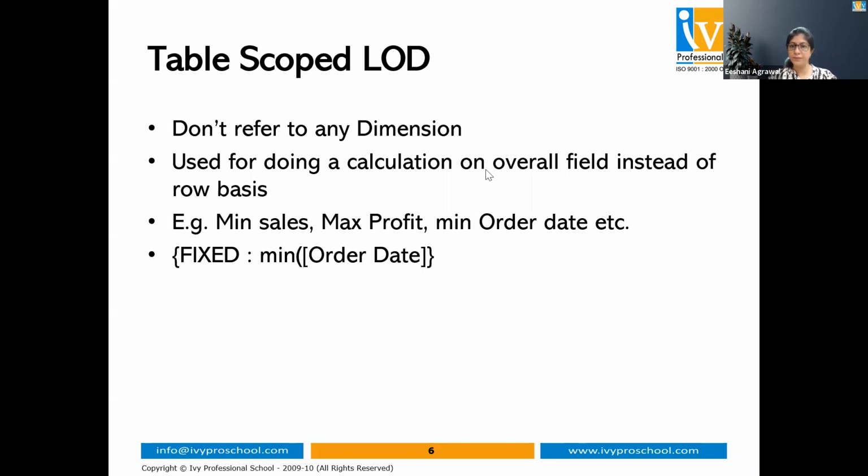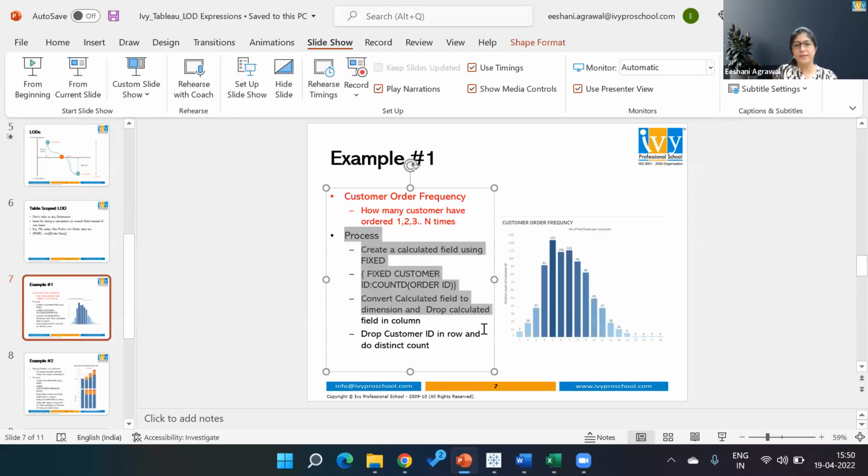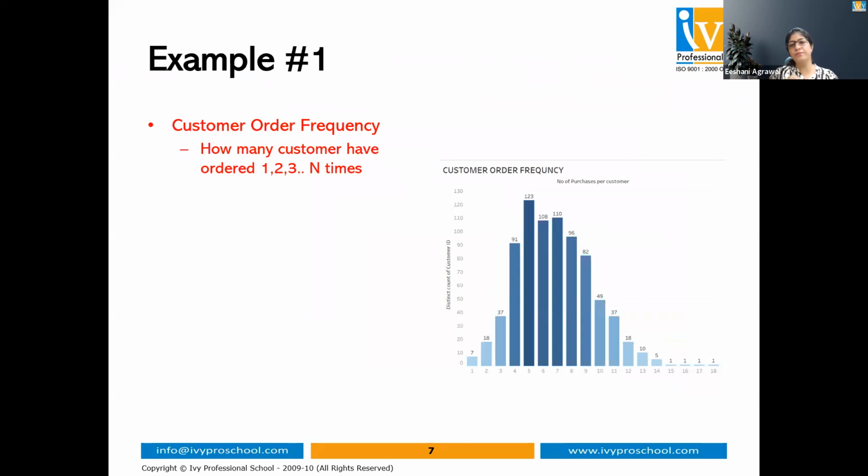Got it? Let's look at the use cases and then it will be more clear. I'm going to delete this. So I want this output. What is this output? This is customer order frequency, meaning let's say I have gone to a particular website and ordered from them 5 times.